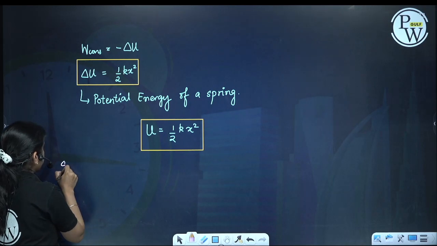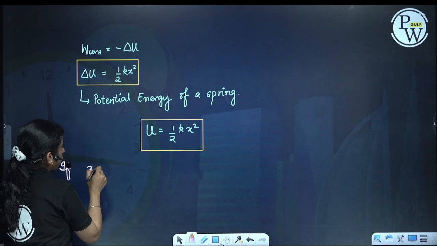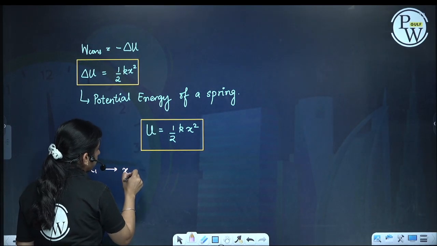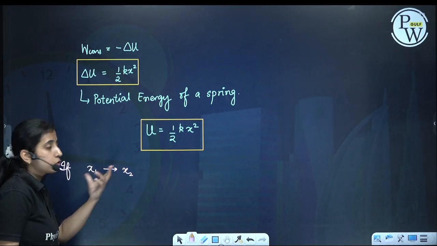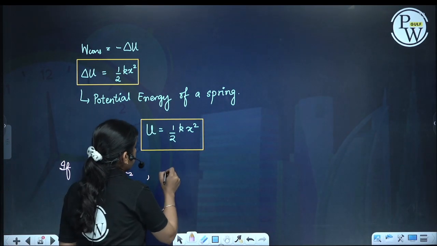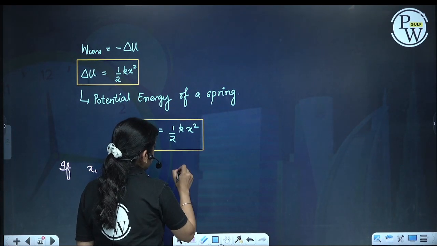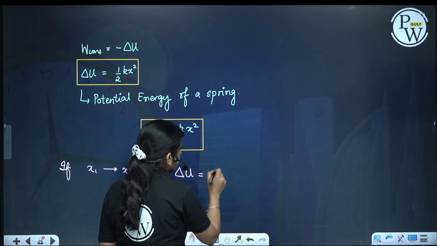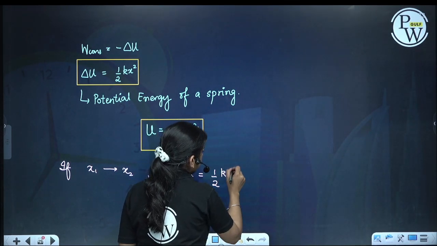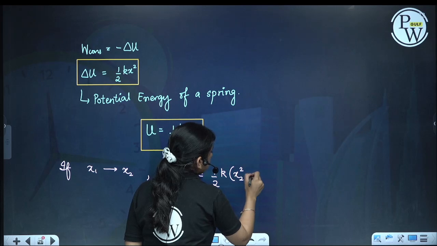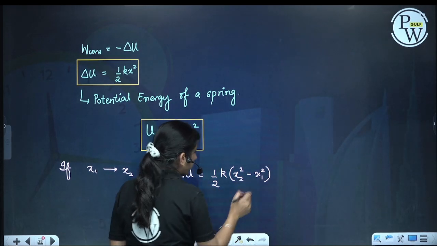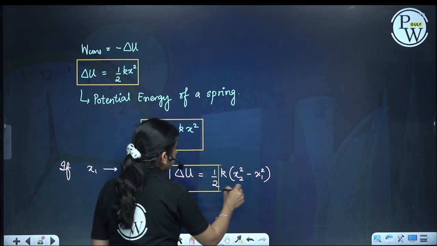Now if we go from x1 to x2, then change in potential energy will be equal to half k (x2 square minus x1 square). Limit will go from x1 to x2.